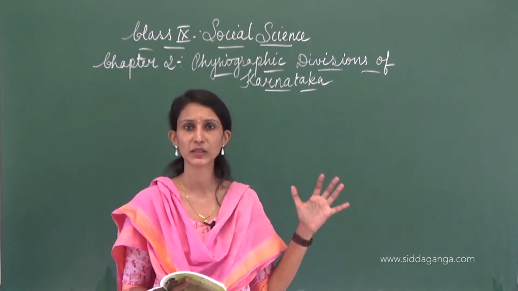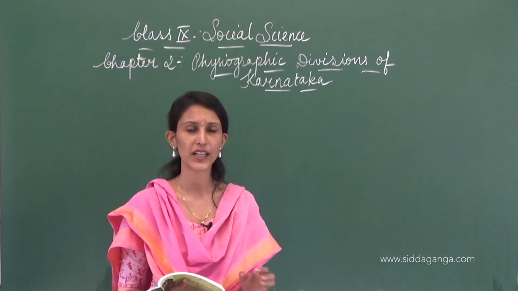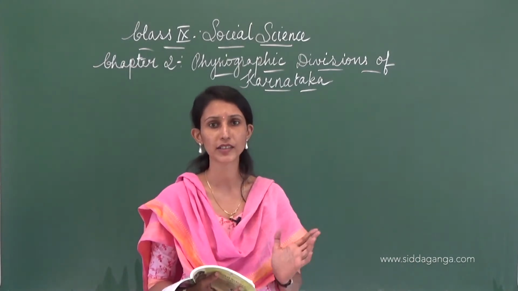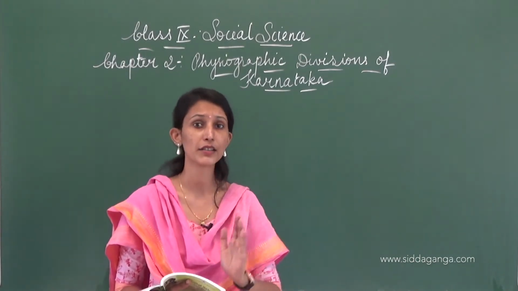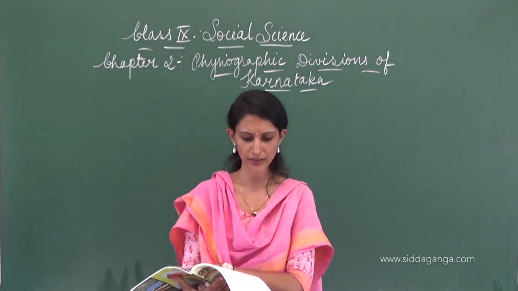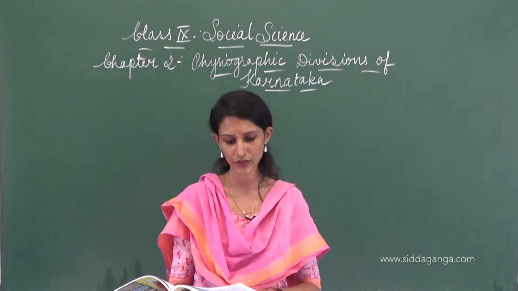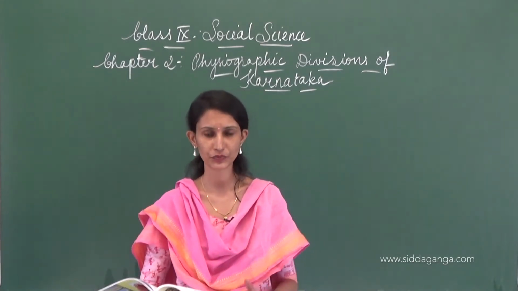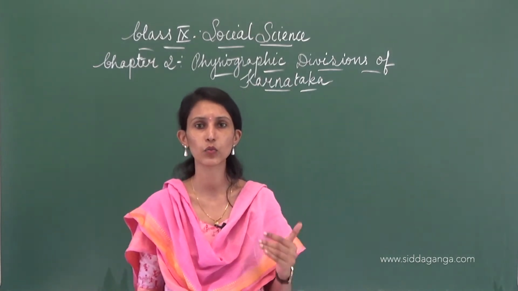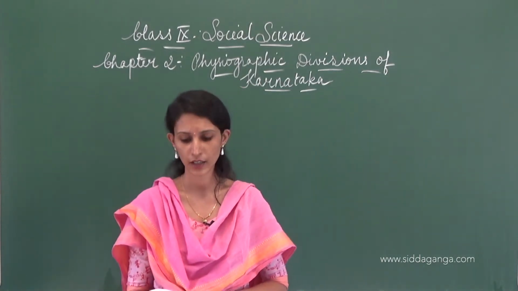The highest peaks, the hills, the beaches, and other things present in Karnataka according to the divisions. Now, it is divided into three: the coastal plain, the Malnad region and the Maidan region. Today we will go to the coastal plain and see what's there.